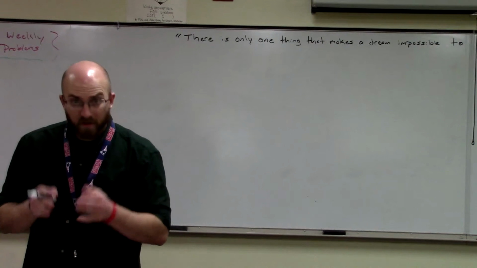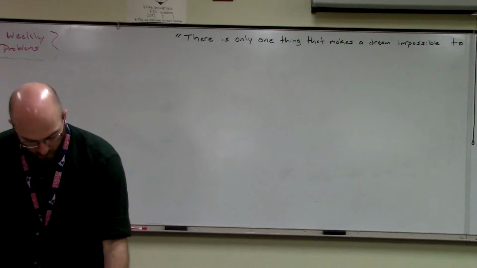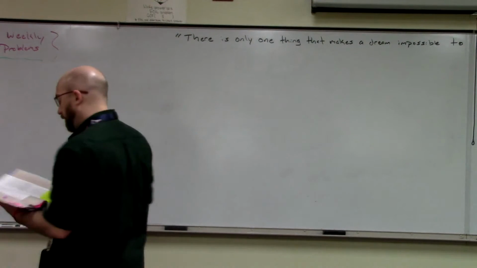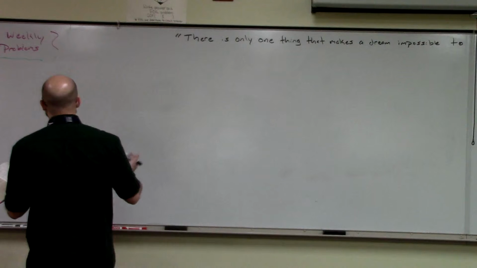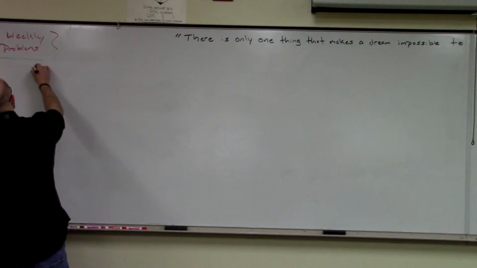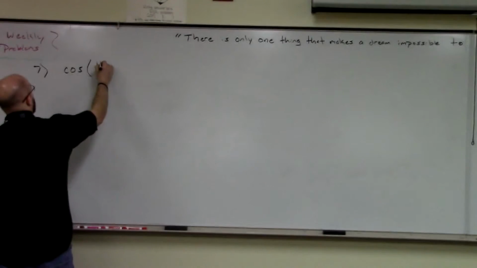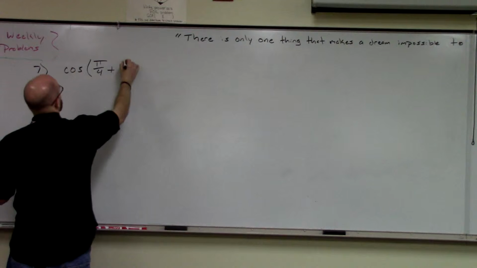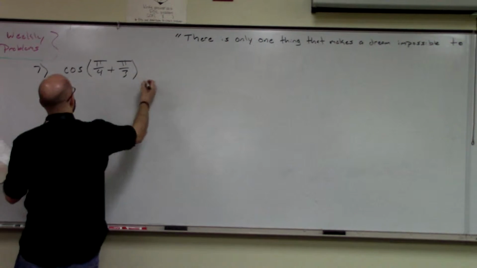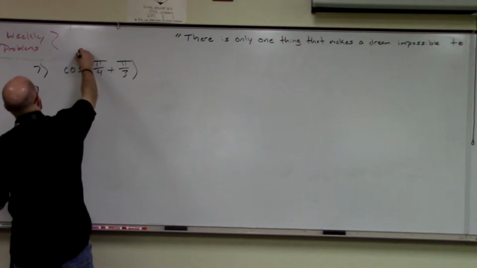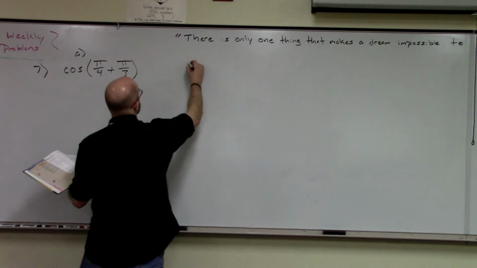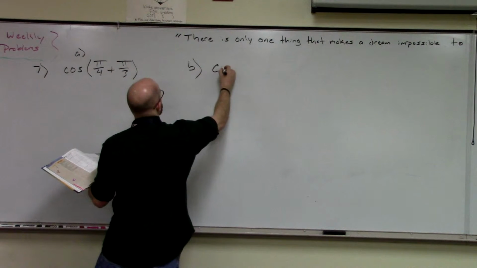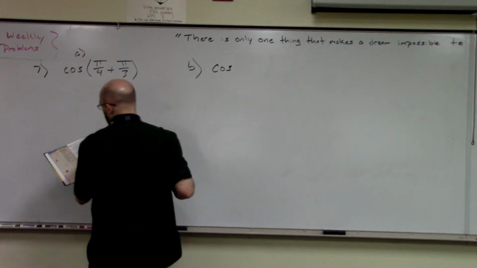Okay, so the first example I'm going to do is to show why it's important that we don't distribute our numbers through. In our class it's number 7, but we have cosine of parentheses pi over 4 plus pi over 3, and that's our A, and our B, because it's a two-part problem.